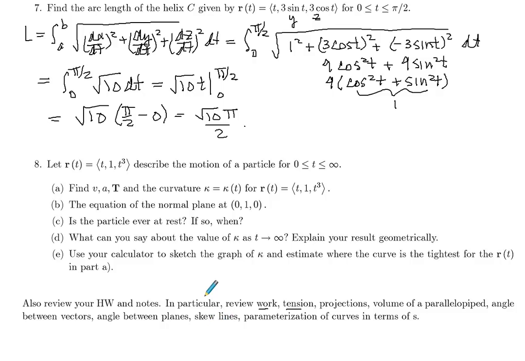So that's another possibility to swap out for the line problems. And then we did examples of parameterizing a curve in terms of s, in terms of arc length. That was leading into finding T and then also N, the normal vector to a curve. So those are all things that you'll want to review.